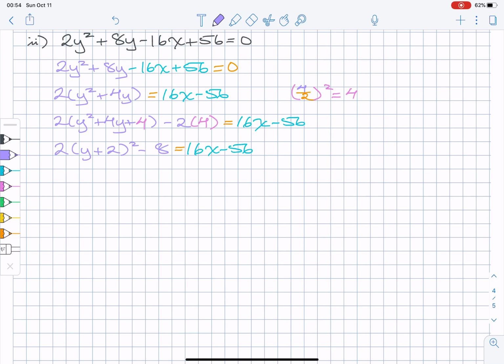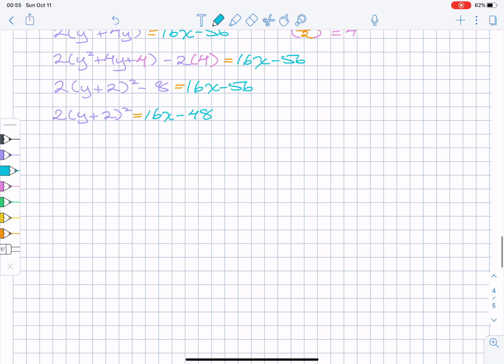So we have 2 times the quantity y plus 2 squared is equal to 16x minus, let's see, what is 56 minus 8? Okay, so that's going to be 48, hopefully. I don't know. Math, not my strong suit.